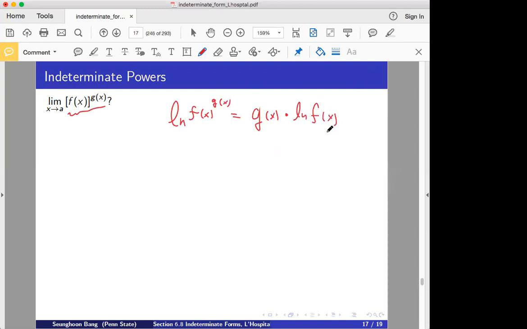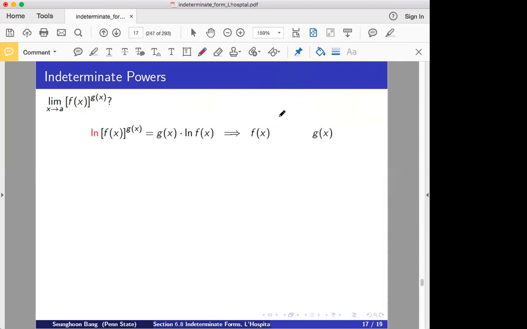You can change it to a product, which makes it very easy to figure out the indeterminate form. We have only one indeterminate form for power things: 0 times infinity or infinity times 0. So take ln, giving g of x times ln of f of x.